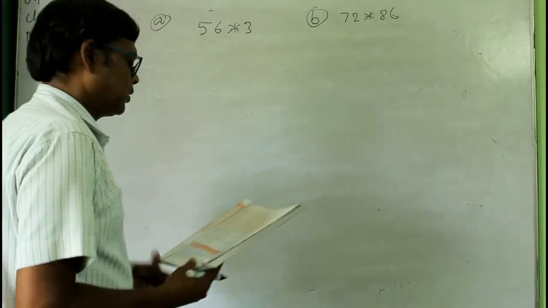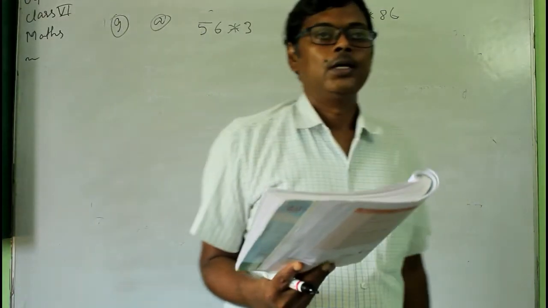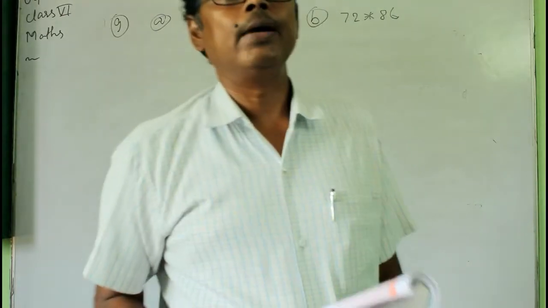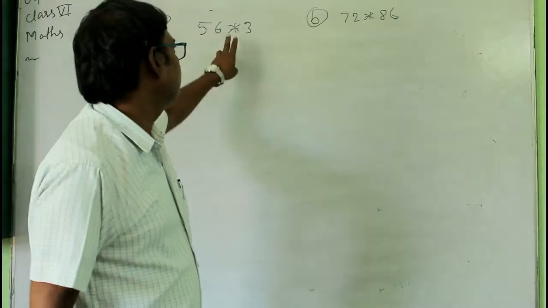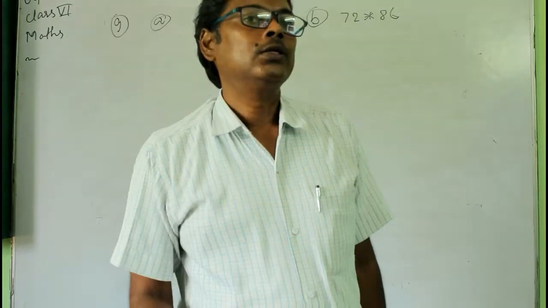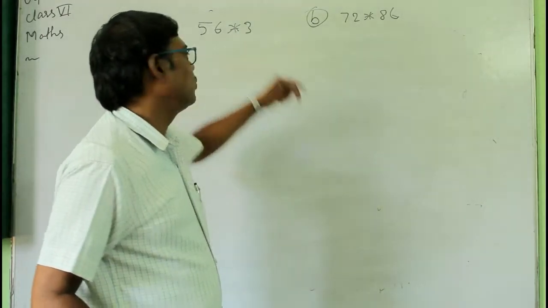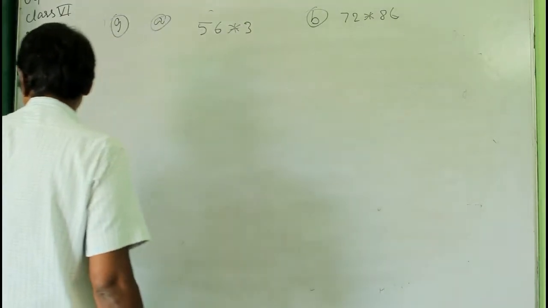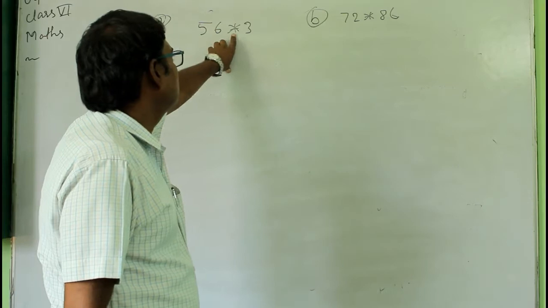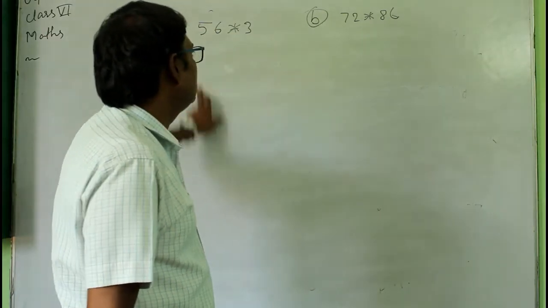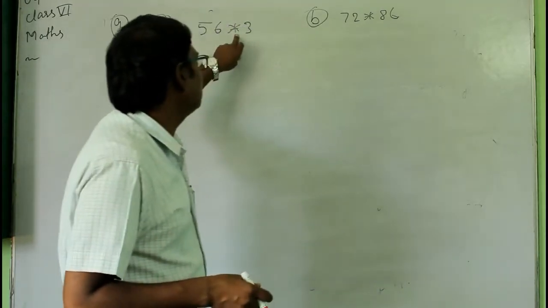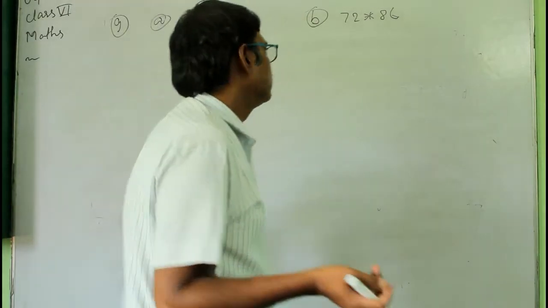And in this the question is: in each of the following numbers replace star by the smallest possible number to make them divisible by 11. हमको क्या करना है कि स्टार की जगह पे एक डिजिट लिखना है, और जिसके चलते क्या होगा कि ये जो होल नंबर है वो 11 से डिवाइड हो जाएगा. Okay. So here we have to write a digit in place of star so that this whole number will be divisible by 11, and the digit at this place must be the least number.